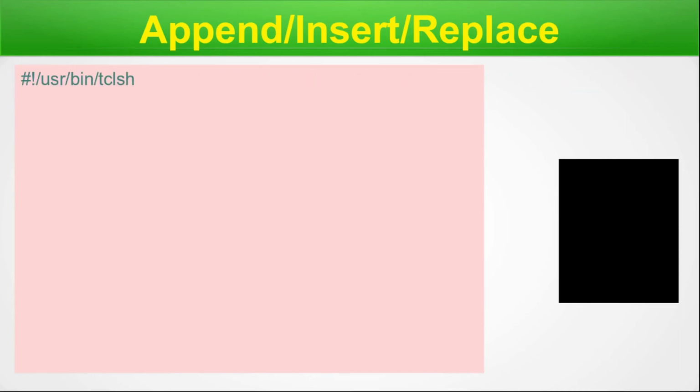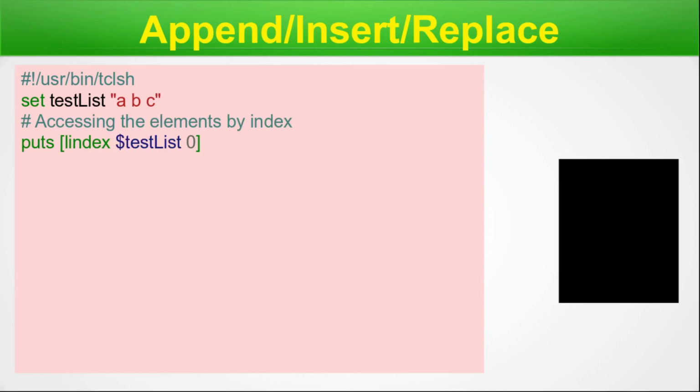Here is our first shell command, the first line of the code, where we write a test list with the 3 elements A, B, C, accessing the elements by index. We are using the lindex command with the test list and 0, so it will give output A.